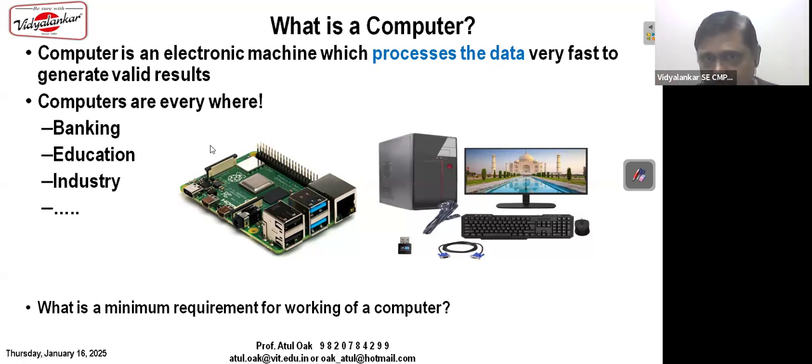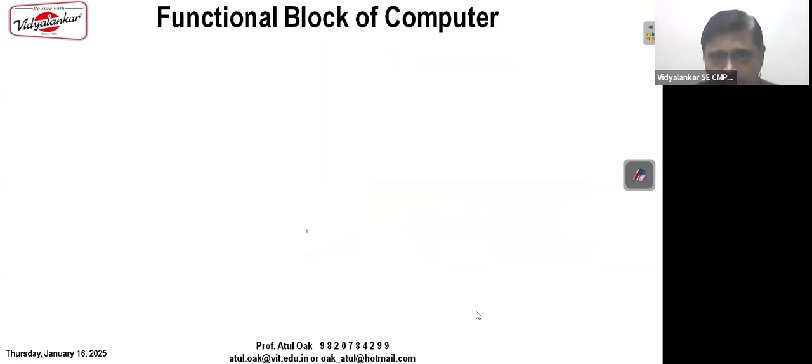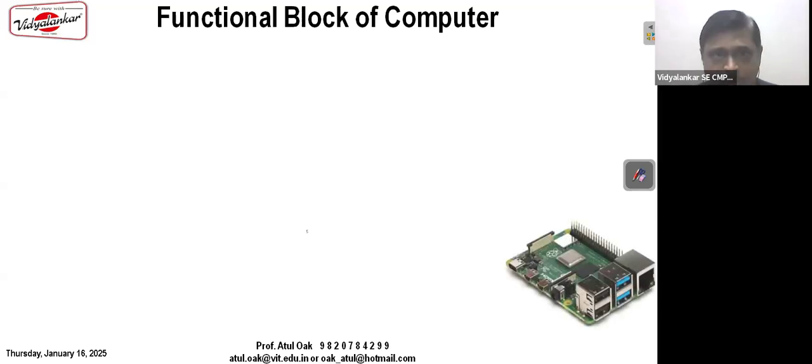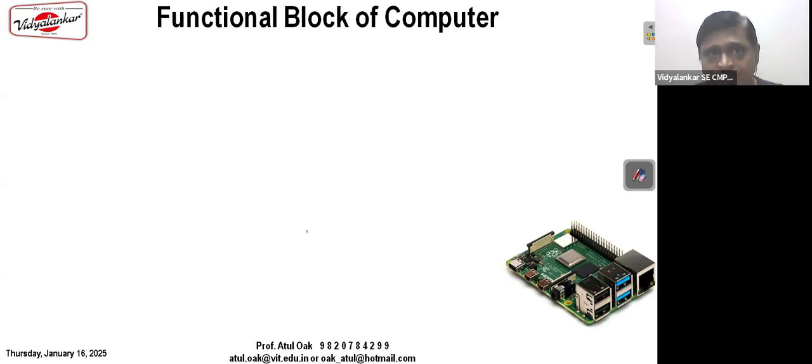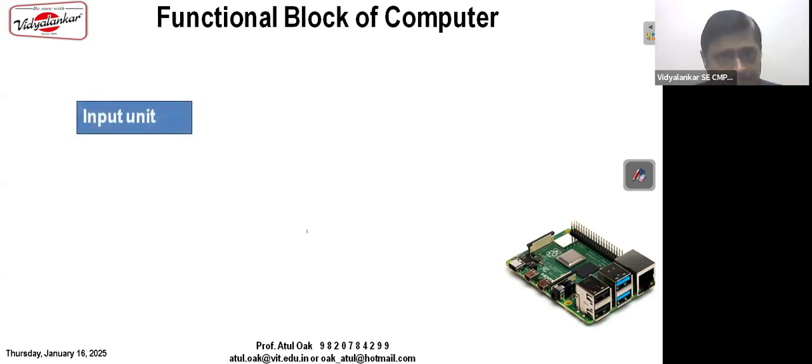So let's put it all together, okay? What you have contributed. Technically, if this is my computer, let's take Raspberry Pi as a reference, then my computer should have some mechanism to get the data from the real world.